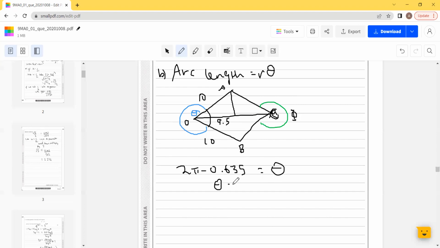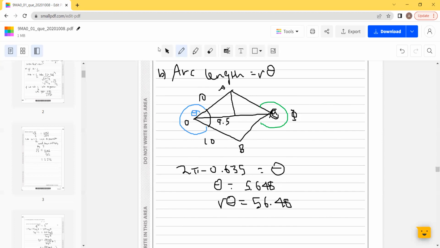Theta is 2 pi minus 0.635, which is 5.648 radians. So that was 5.648. Now I have to do the same thing for the other side.